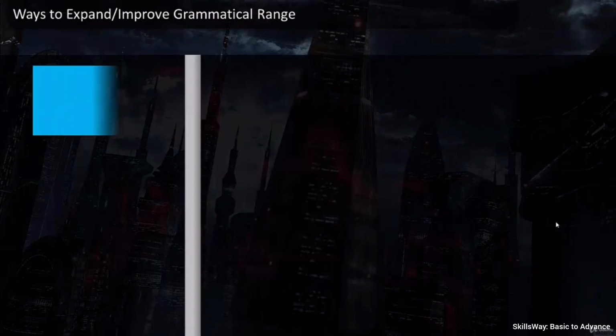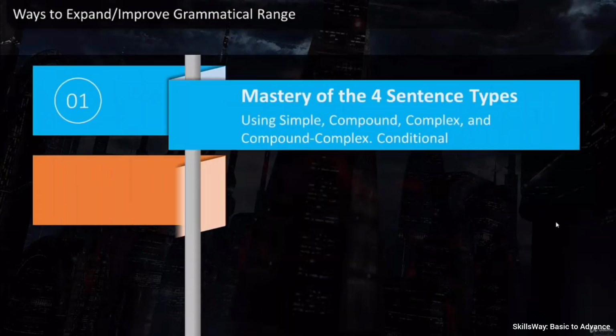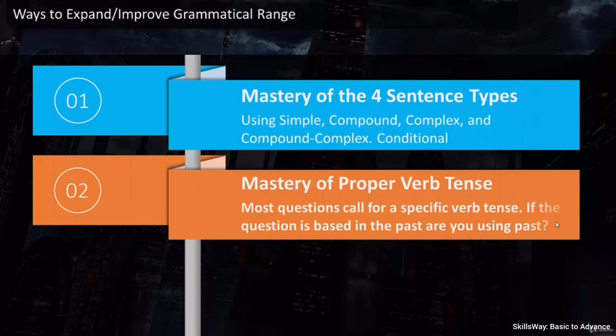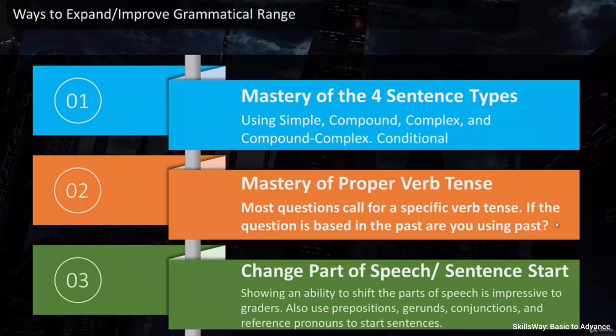So here are some ways to improve your grammatical range. Like I said earlier, master those four sentence types. Master the proper verb tense. A lot of the questions are going to be in the past tense. Sometimes it's in the present and future also, but use the verb tense that's proper for the question.